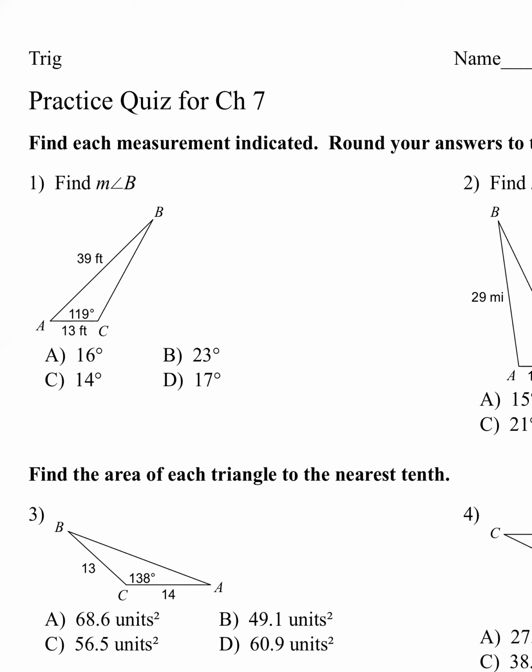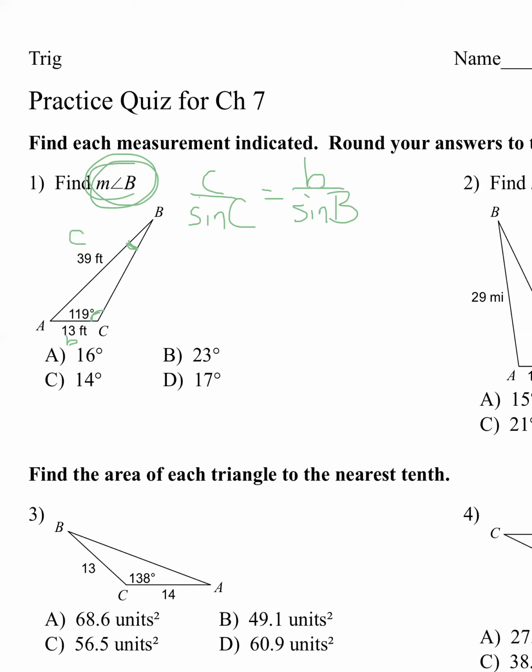Remember, that one told you, I have angle C and I have lowercase c, so I'm certainly going to use c over sine C. What am I trying to find? I'm trying to find angle B, and I do have lowercase b over here, that's 13. So c over sine C equals b over sine B, because I have 3 of those values.